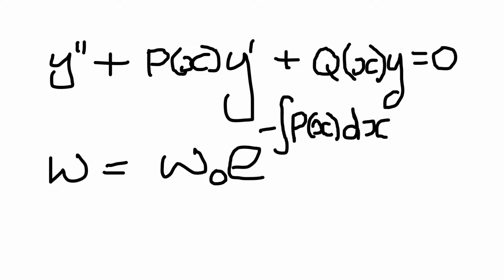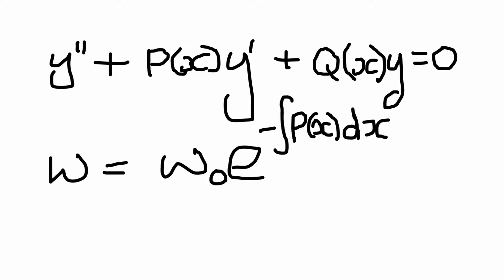In this particular case, equation 1 is of the form y double prime plus p of x times y prime plus q of x times y equals 0, where we clearly see that p of x is equal to x.